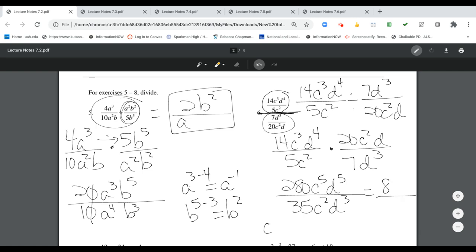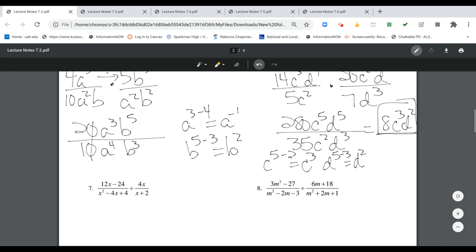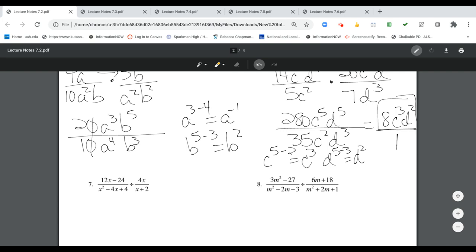When I subtract my exponents, 5 minus 2, c to the third, that stays on the top. When I subtract my exponents for d, that's 5 minus 3, which is d squared, so it stays on the top, and the denominator becomes a 1. So since everything canceled out of the denominator, you do not have to put a denominator of 1. You just leave it without a denominator. It's understood to be there. You just don't have to write it.